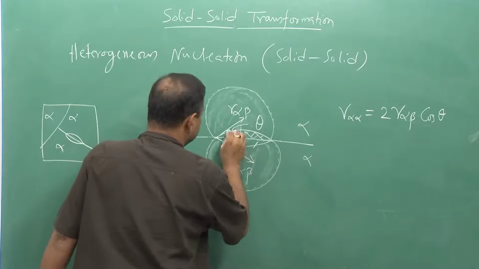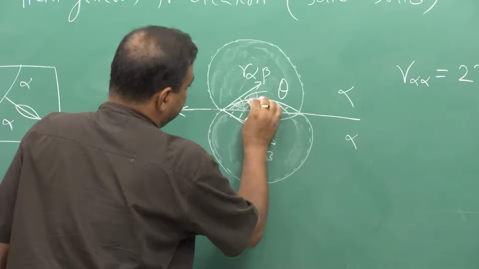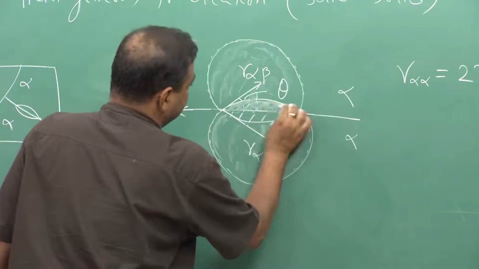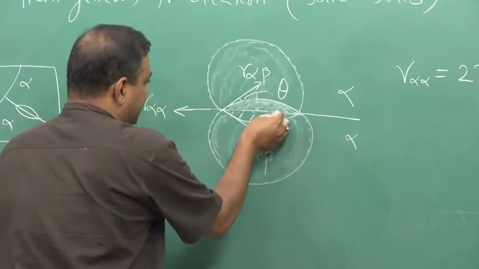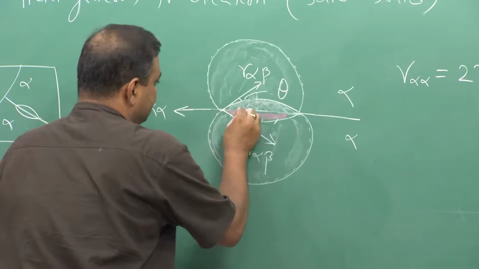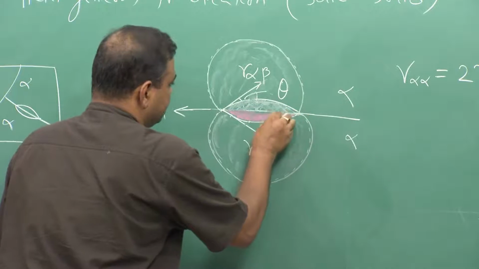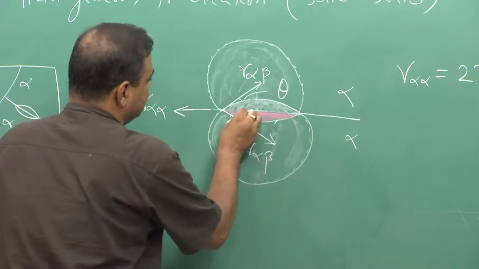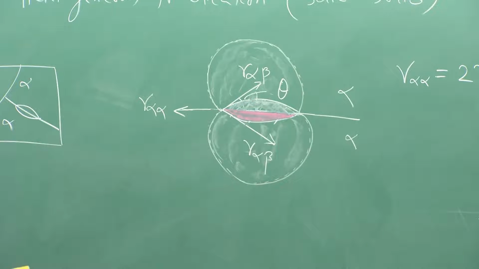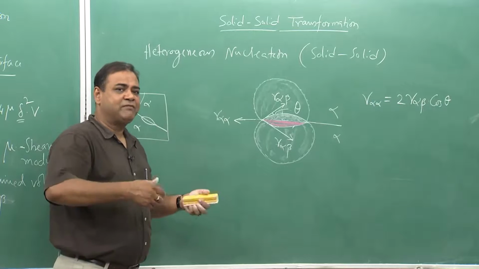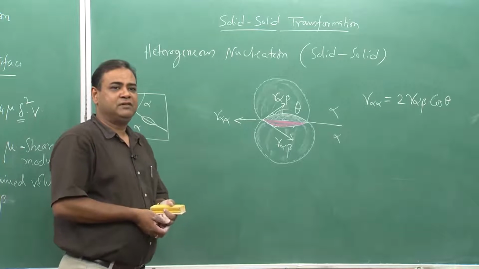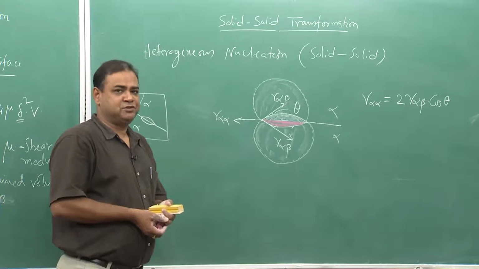Now again I can individually calculate the volume of the top part as well as the volume of the bottom part, the way we have done it for the solid-liquid interface when heterogeneous nucleation was taking place.